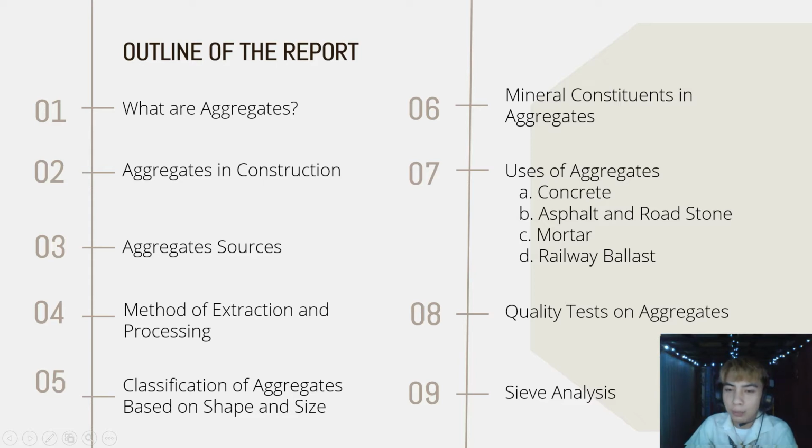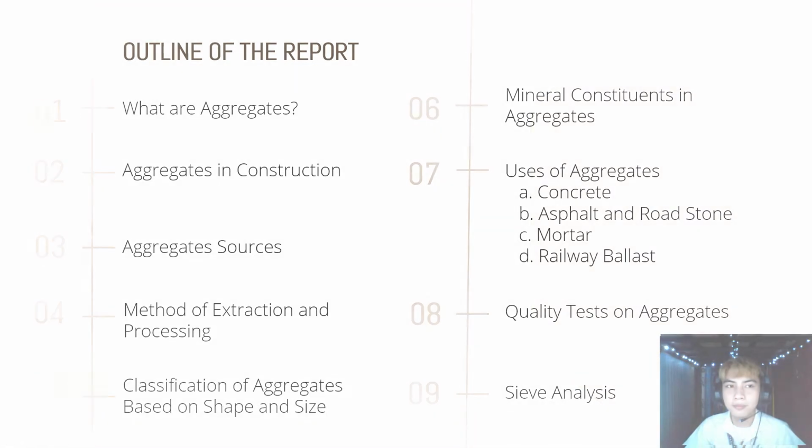Bago ito gamitin para sa construction, meron munang mga testing ng kalidad ng aggregates upang masiguro natin ang tibay nito sa paggamit sa construction. Mamaya madidiscuss din natin yan, and last but not the least, the sieve analysis. Alam ko na most of you ay marami pang katanungan sa isipan, pero later on with this discussion, little by little ay masasagot natin ang lahat ng inyong mga katanungan.